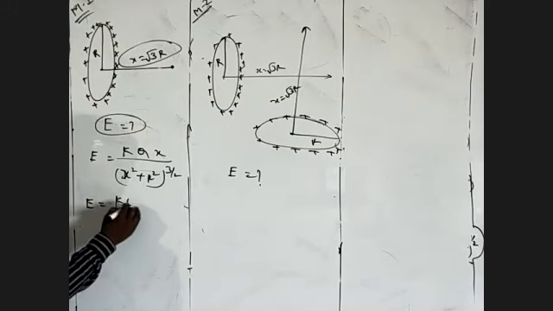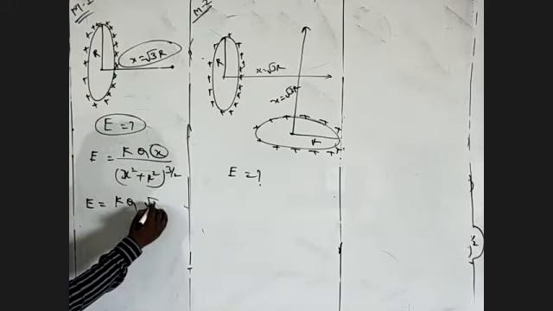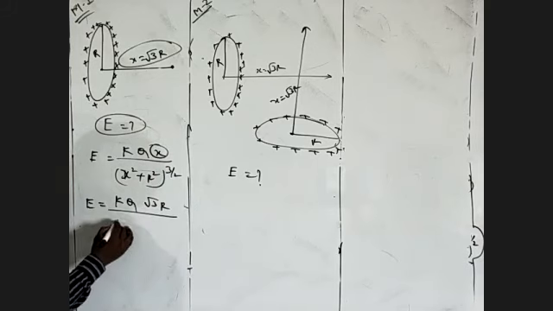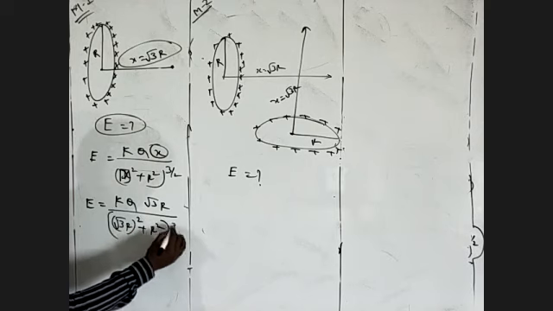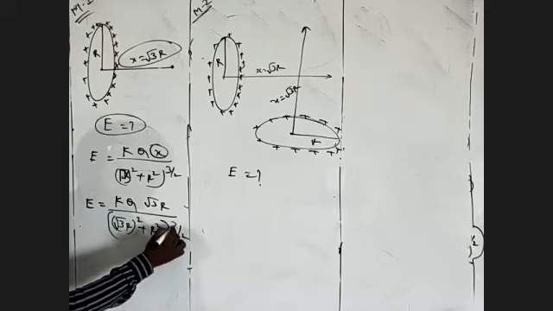E is equal to kq, x means root 3 r, by (root 3 r whole square plus r square) whole power of 3 by 2.